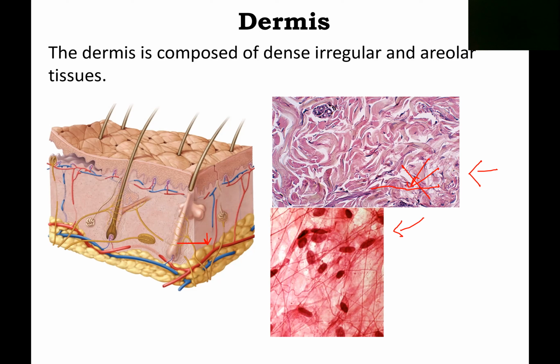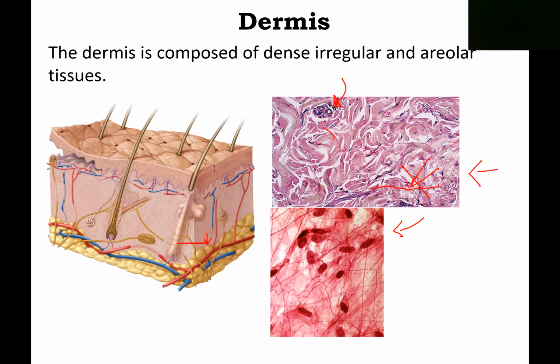So dense irregular allows for all of the accessory structures, blood vessels, and nerves to have a place within and not be obscured by a pattern of collagen fibers.